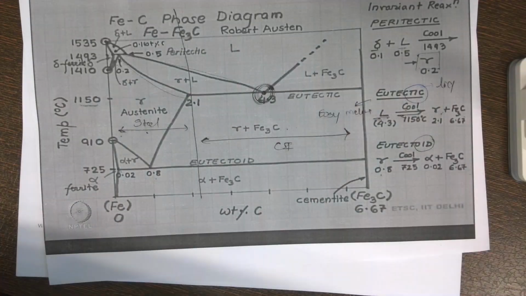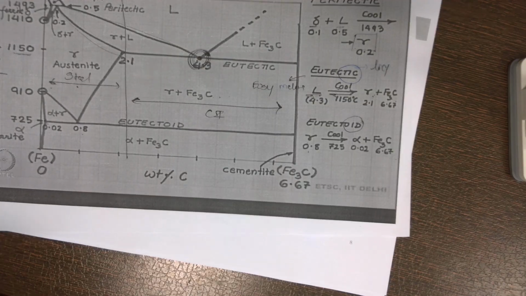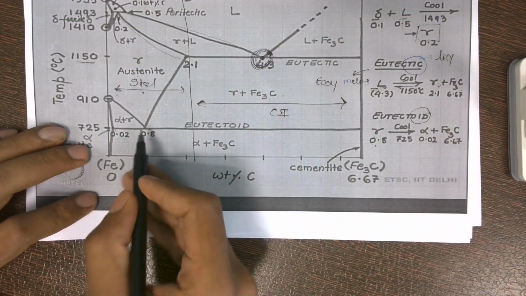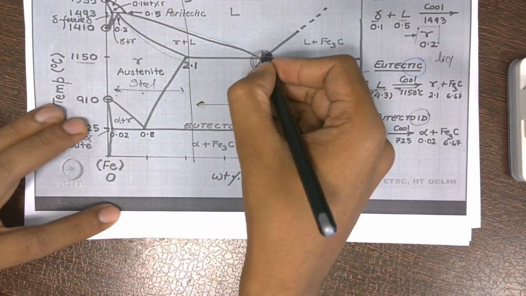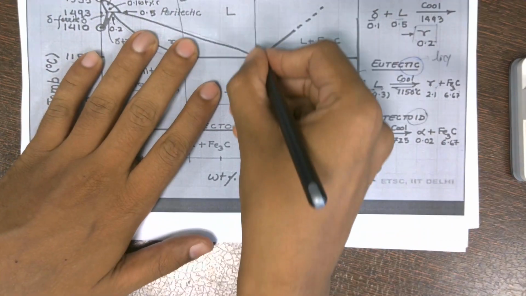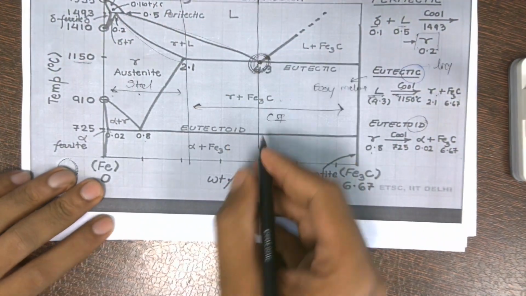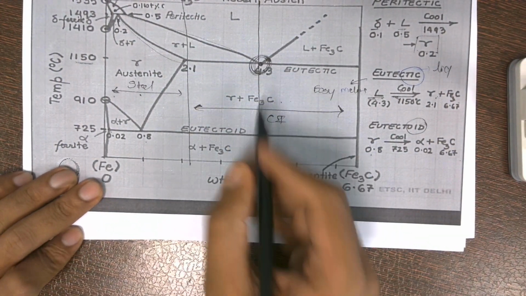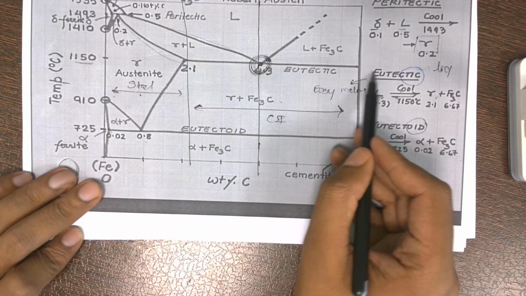Also remember that the liquid at this particular point has a certain composition, right? But this liquid is breaking into two different compositions.